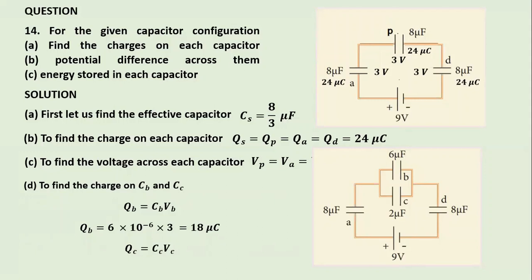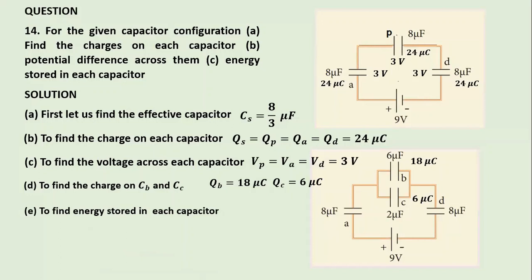Like that, the charge on C, QC equals CC into VC. 2 into 10 power minus 6 is the value of CC and V is 3 volt, giving 6 microcoulomb. So QB equals 18 microcoulomb, QC equals 6 microcoulomb.